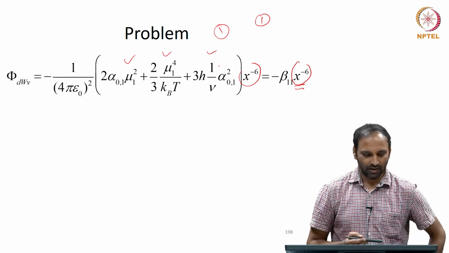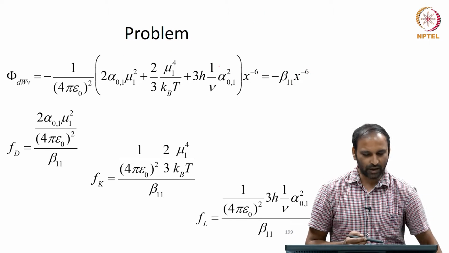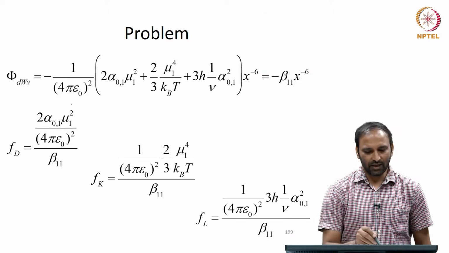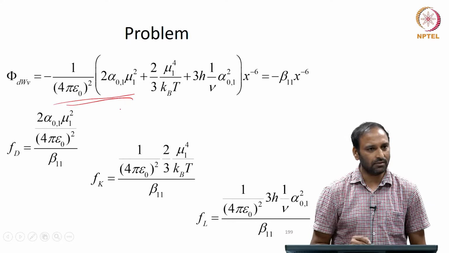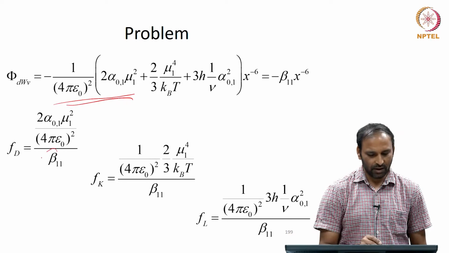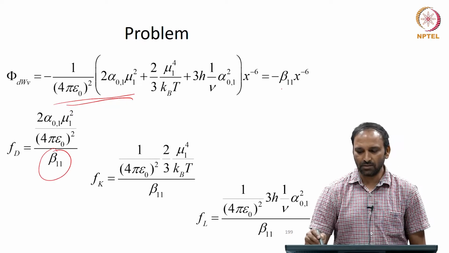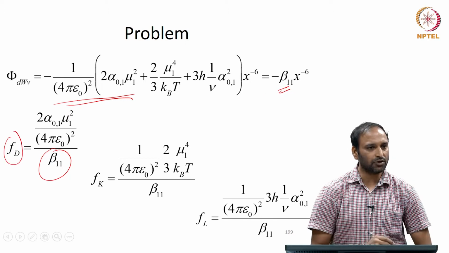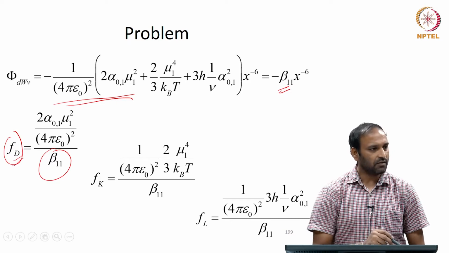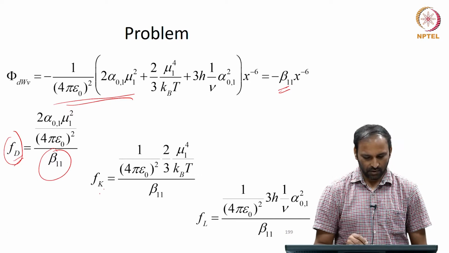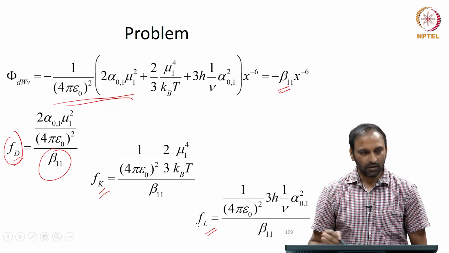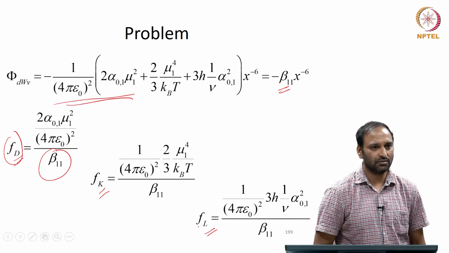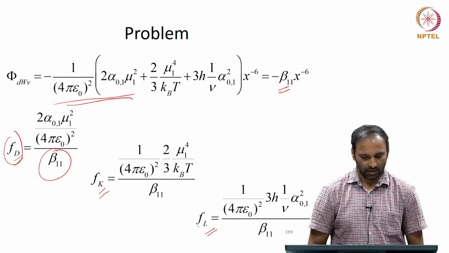If that is the case, I can take each prefactor, divided by this term beta, and that will give you the fractional contribution of Debye, Keesom and London dispersion forces.